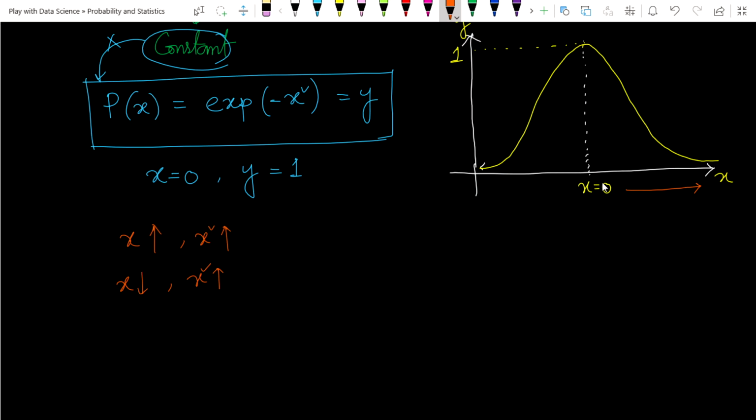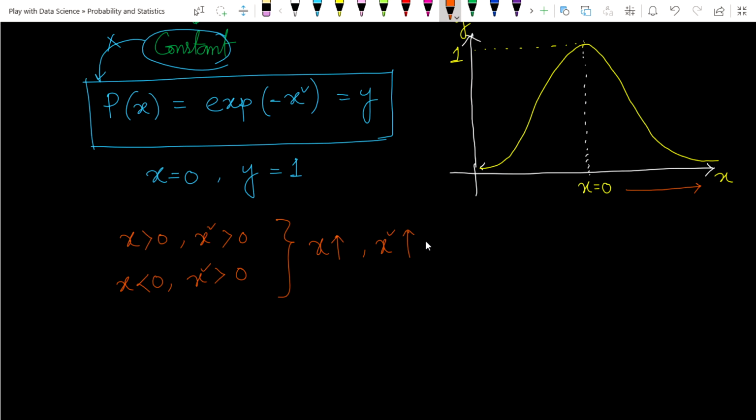First I took the positive direction, greater than 0, but I think it will be better to take both the positive and the negative. If x is greater than 0 as well as negative, then x square is always greater than 0. I think it will be clear for all of you. If we increase the value of x, x square is also increased.